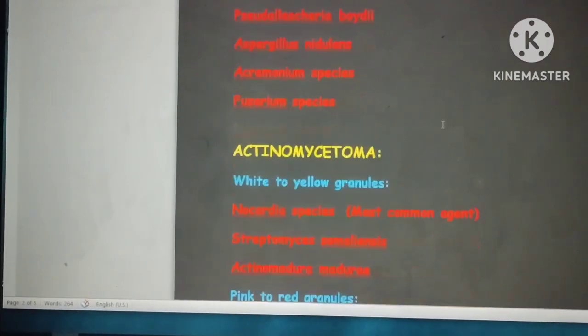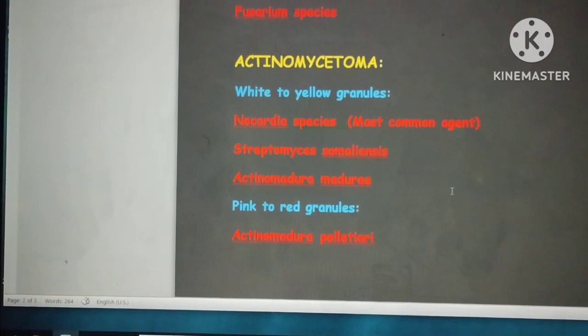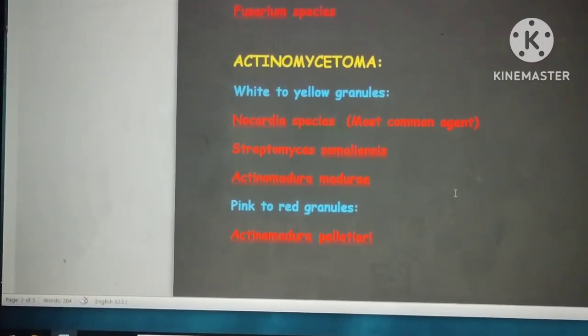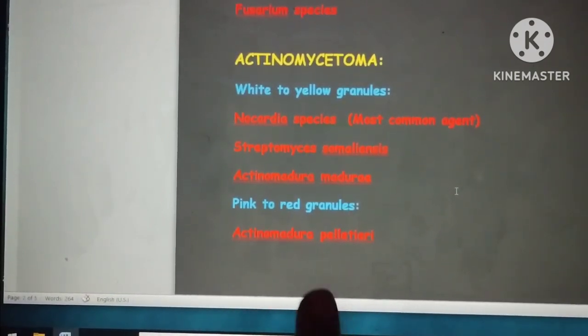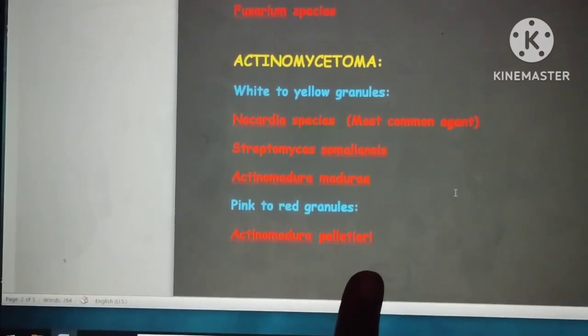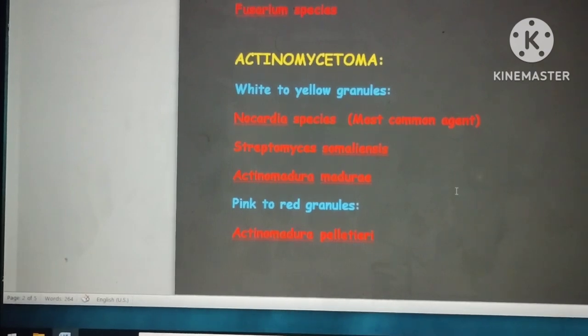So what I am saying here is, just remember actinomycetoma. You already know what is a bacteria and what is a fungus. So just remember here, pink to red colonies are produced by Actinomadura pelletieri. The rest all produce white to yellow granules.